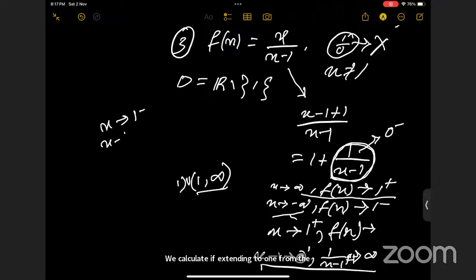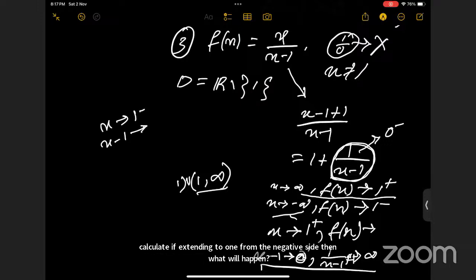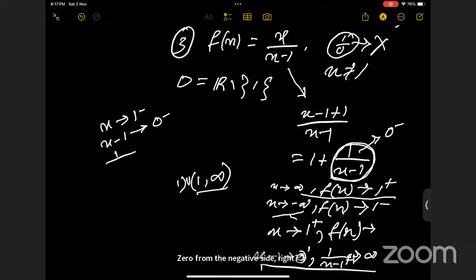If x tends to 1 from the negative side, what will x minus 1 be? It tends to 0 from the negative side. Then 1 over x minus 1 will be tending to minus infinity, because this is something negative.